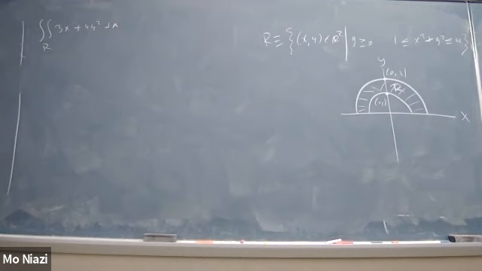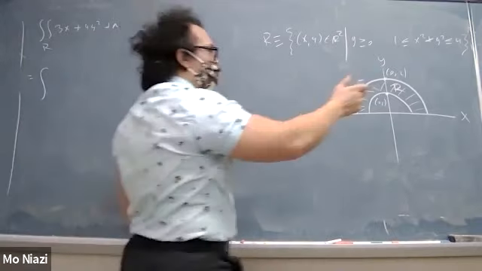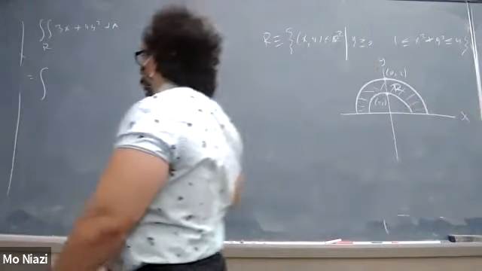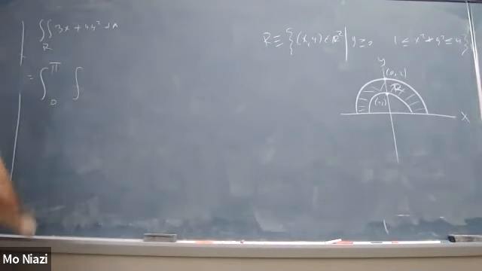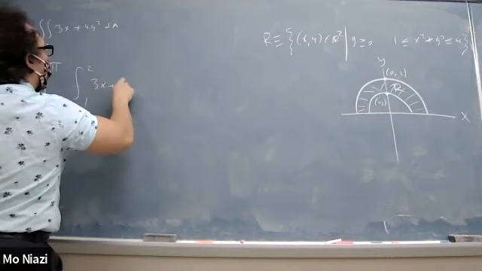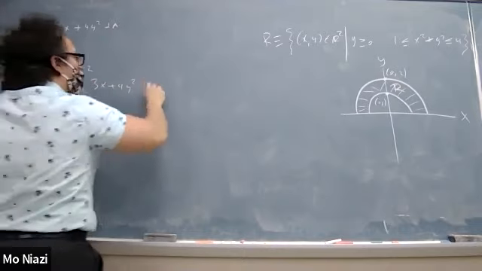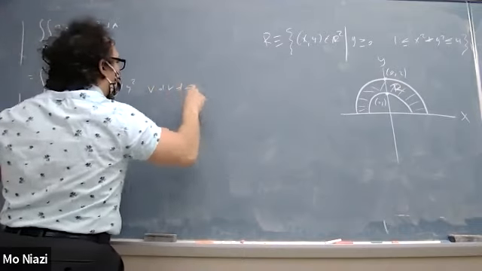Let's transform this integral into a polar coordinate integral, meaning I want to range from our theta. Theta ranges from 0 to pi, 180 degrees. And what does our radius range from? It ranges from 1 to 2. What is our function? 3x plus 4y squared, r dr d theta.